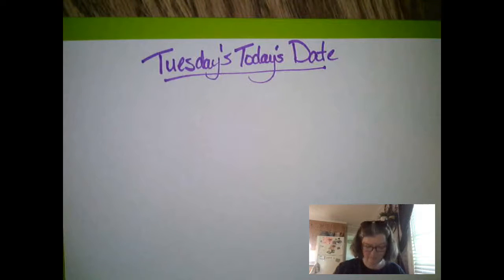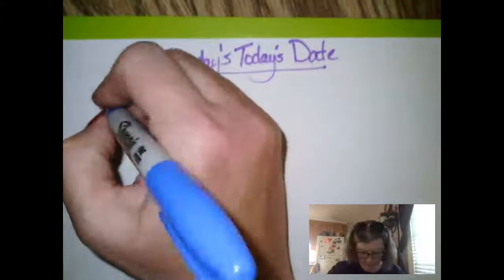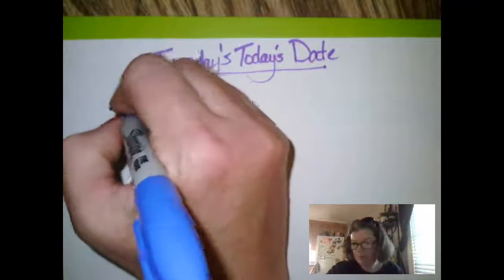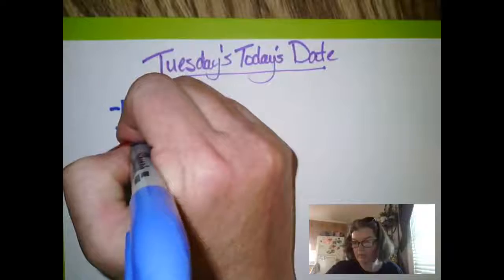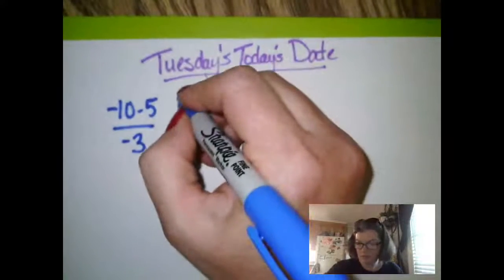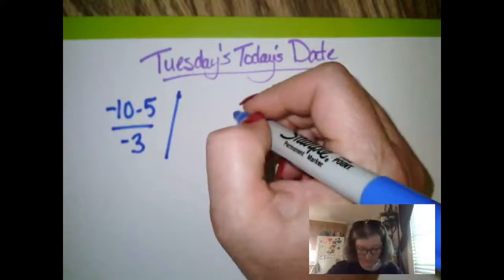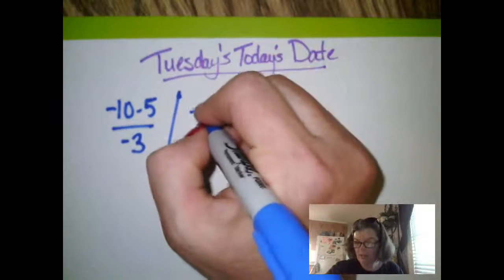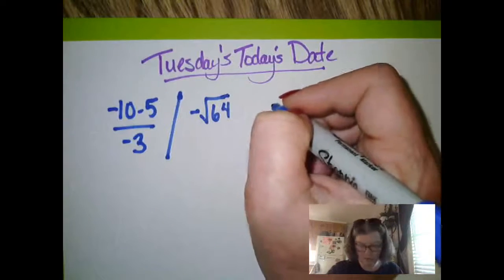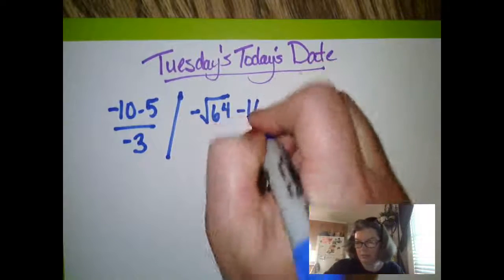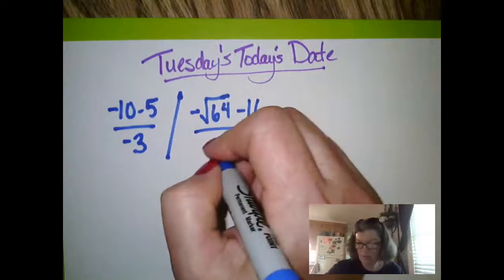Alright, so we're going to work with some negatives in today's date. For our day, we have -10 minus 5 divided by -3. That's for a month. For our day, we have the negative square root of 64. Minus 16 over -2.